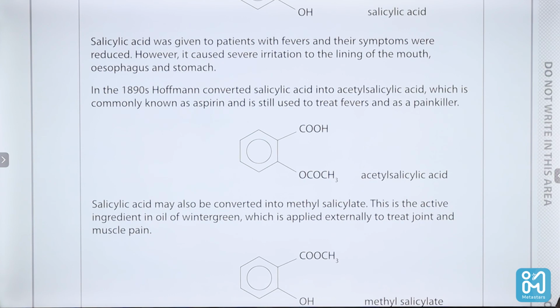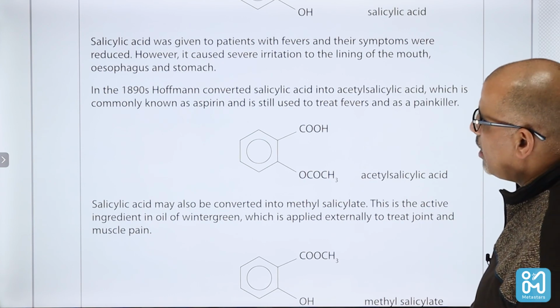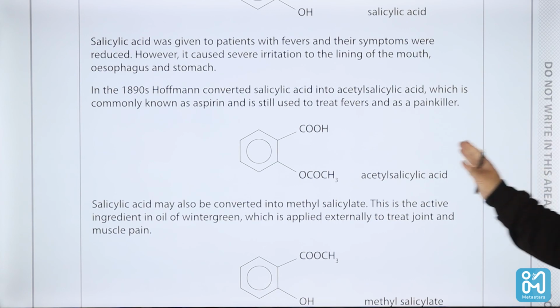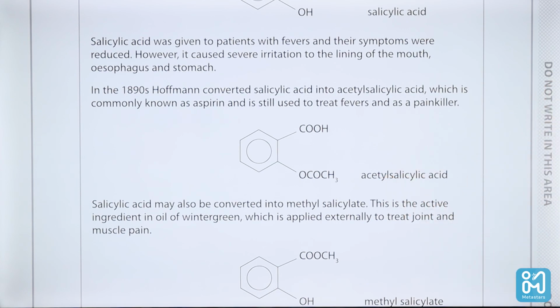So it's a history about the aspirin discovery and how it is manufactured, and it is still used to treat fevers and as a painkiller. That's the structure of acetyl salicylic acid.